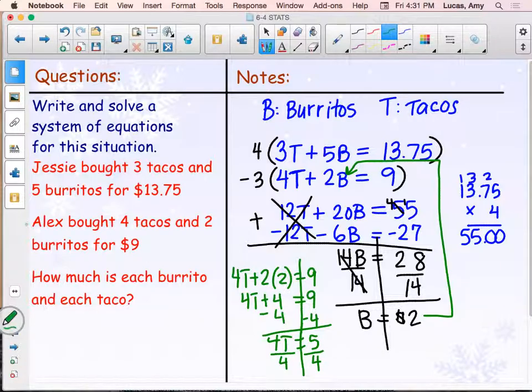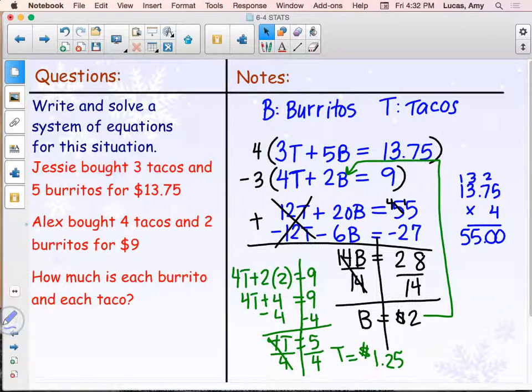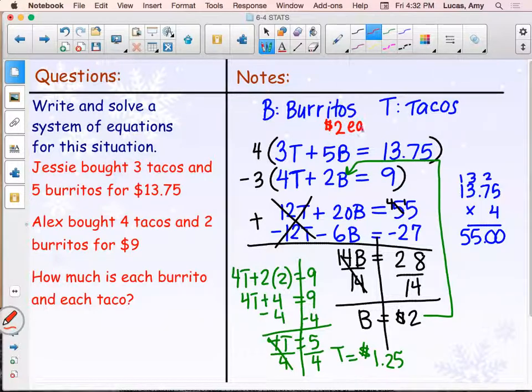So if I divide by 4, tacos equals 5 divided by 4 is $1.25. So burritos are $2 each, and tacos are $1.25 each.